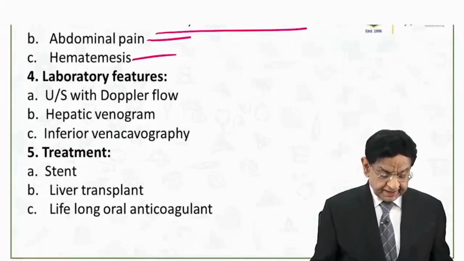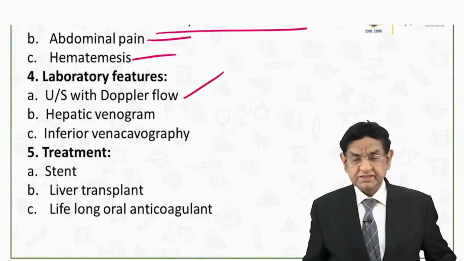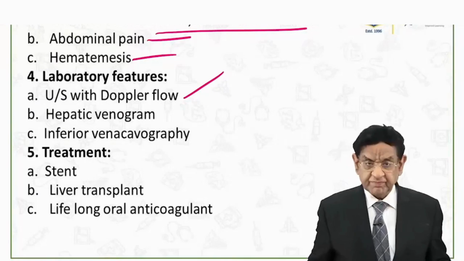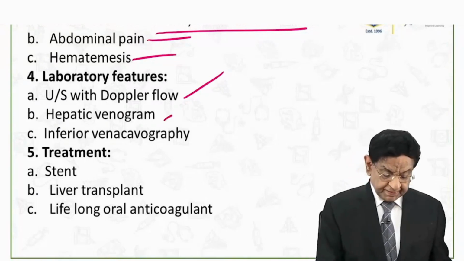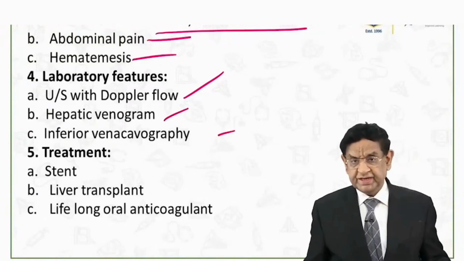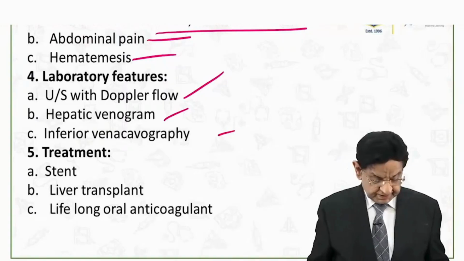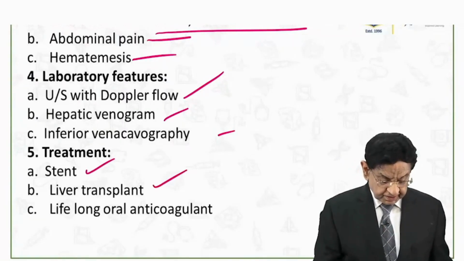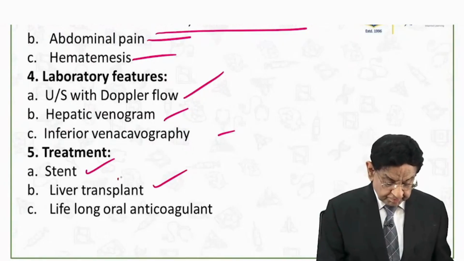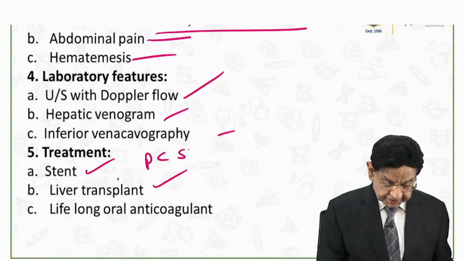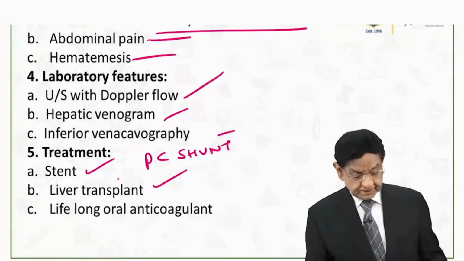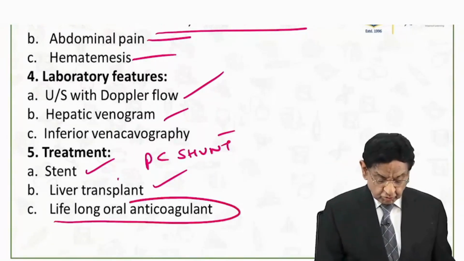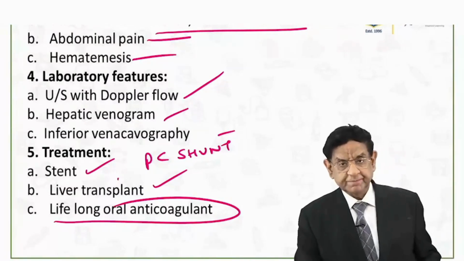Lab finding, ultrasound with Doppler flow, hepatic venogram or inferior venography. Treatment: stent, transplant or portocaval shunt, including TIPS, and lifelong oral anticoagulant.